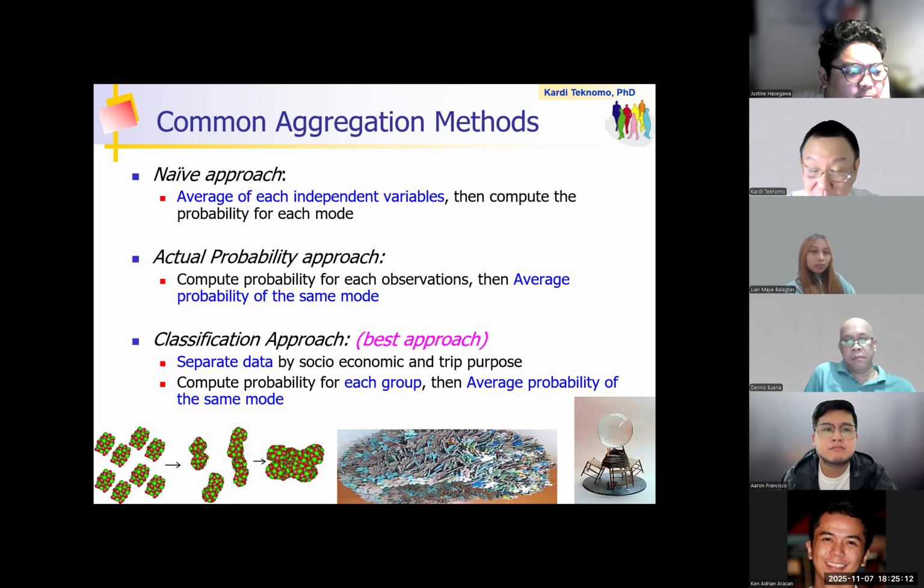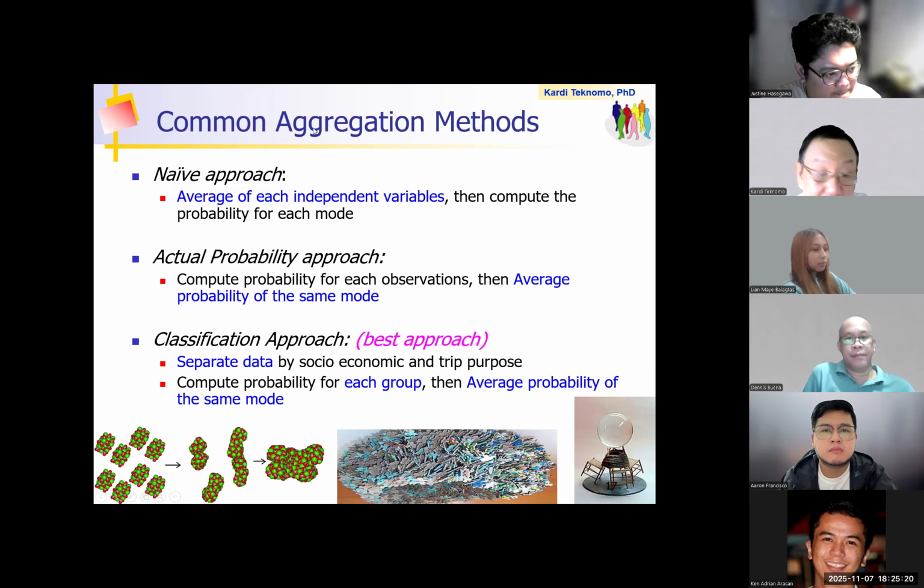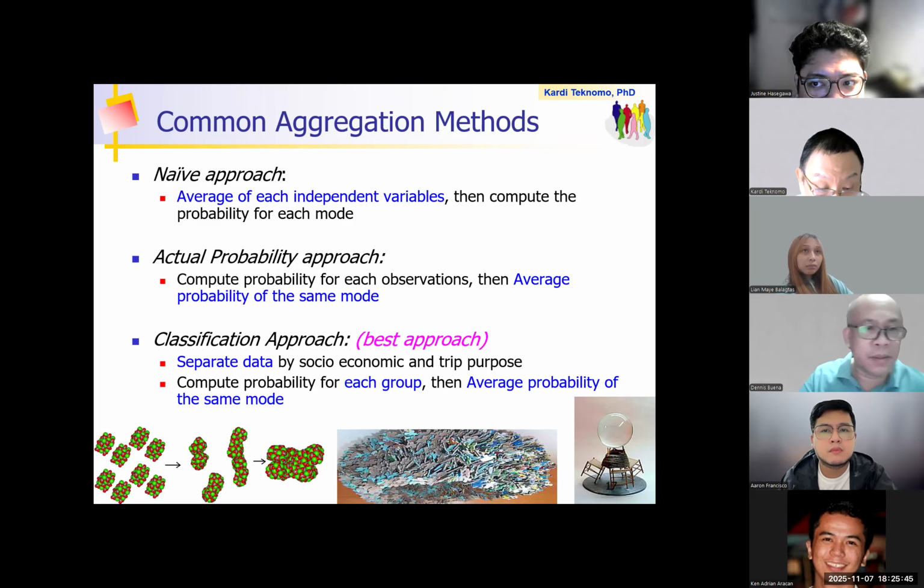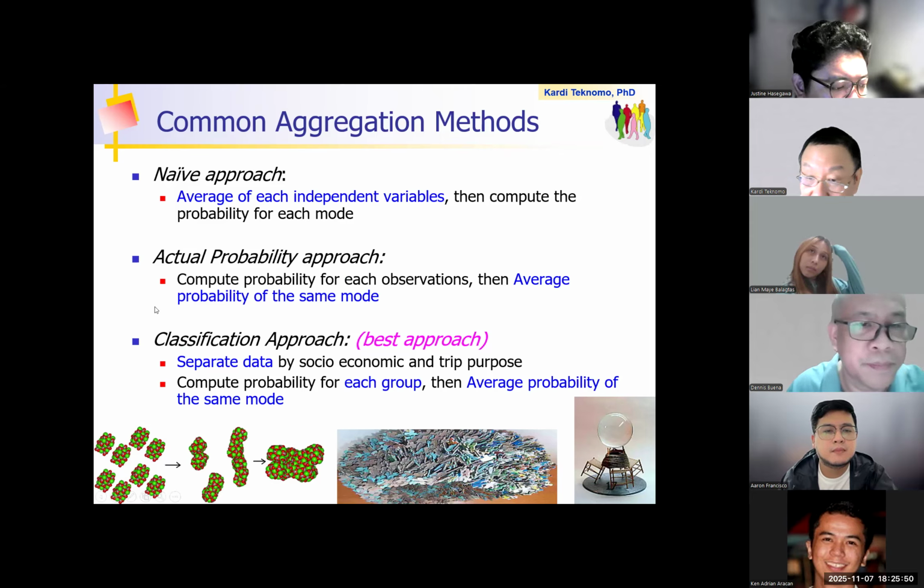Is this clear? If you want to separate by socioeconomic group and purpose, separate the data first, and then you calculate one by one. So you have many models for each category, and then you compute probability, and then you aggregate them by mode. Is it clear? Dennis, you want to say something? Nothing, sir.